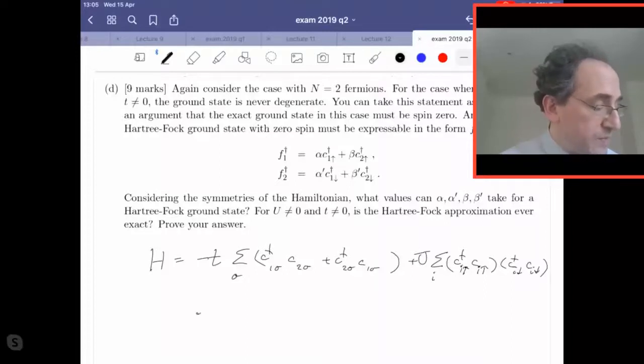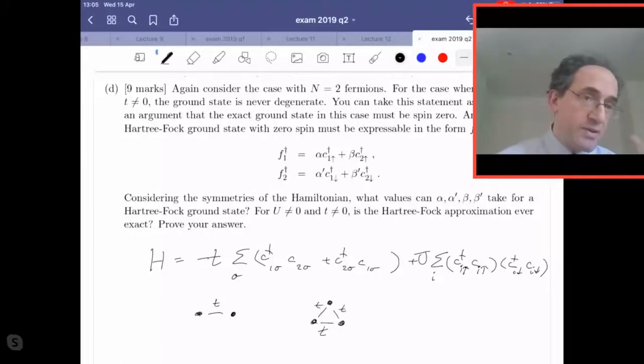It looks like we have two sites here, and they're coupled together with a hopping t. And that doesn't look like it's translationally invariant. But if I had three sites coupled together with a hopping t, you would say, oh, I have a ring, and it's translationally invariant around the ring. I can turn this into a ring around the cycle.